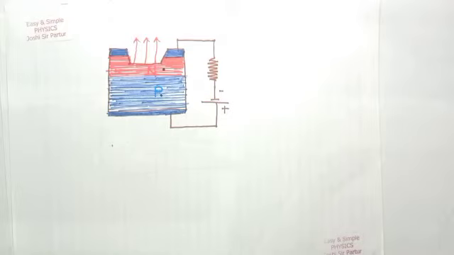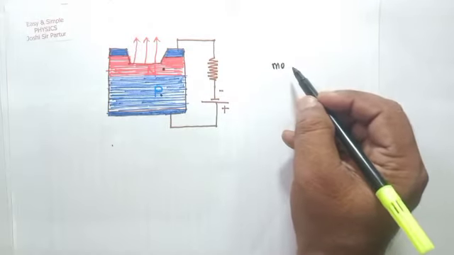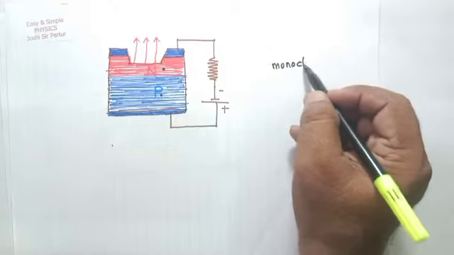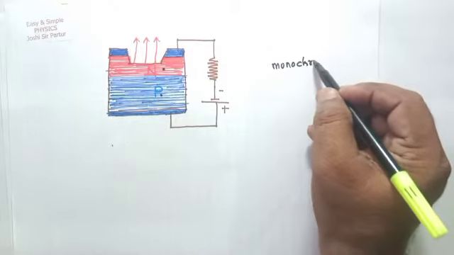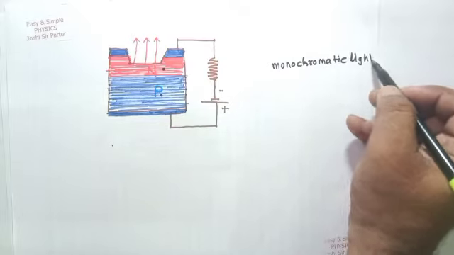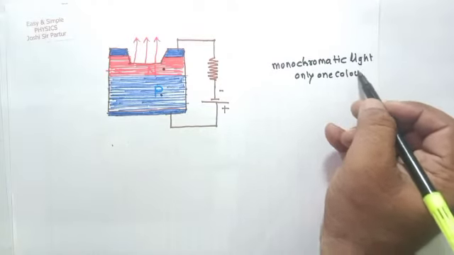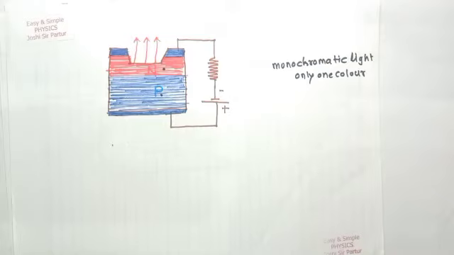which can emit monochromatic light. Monochromatic light means only one color of light. Here, in this thin layer, a reasonable number of these photons can leave the junction and emit colored light.